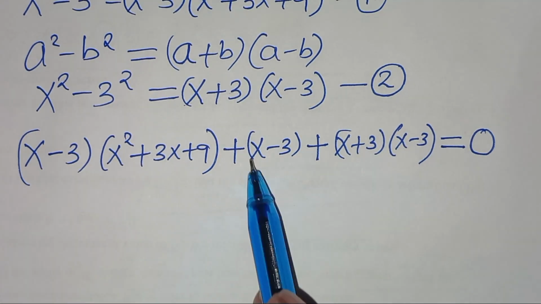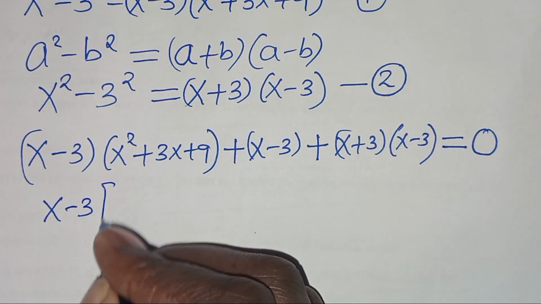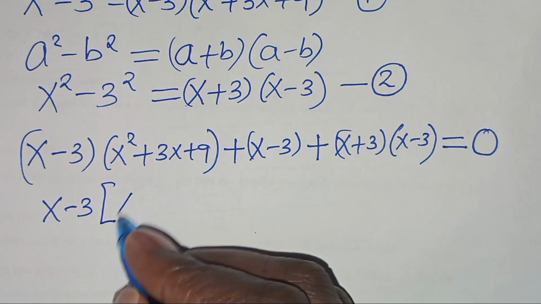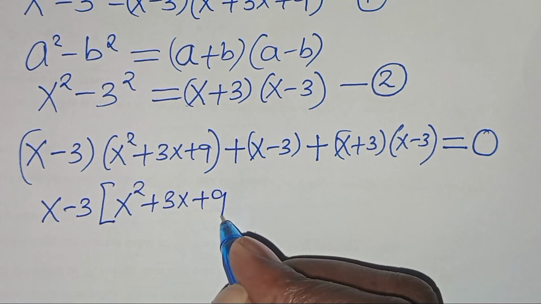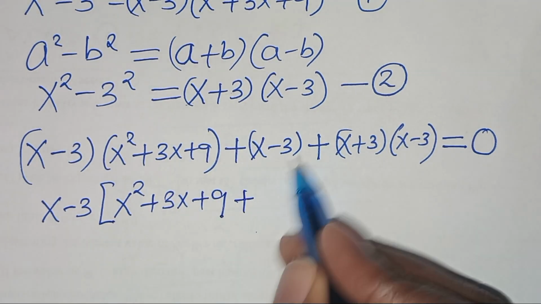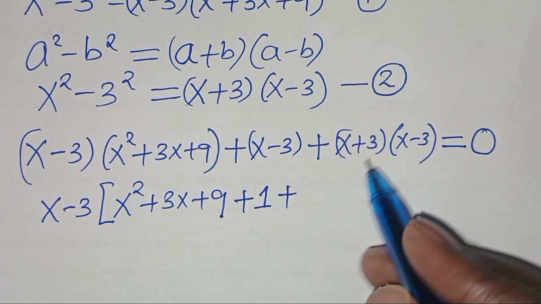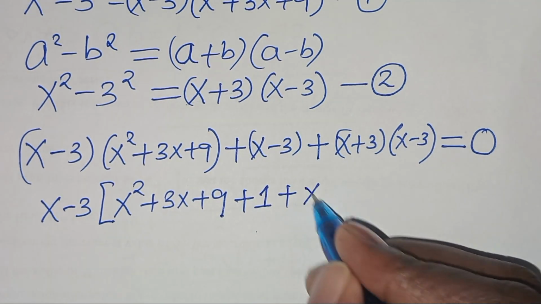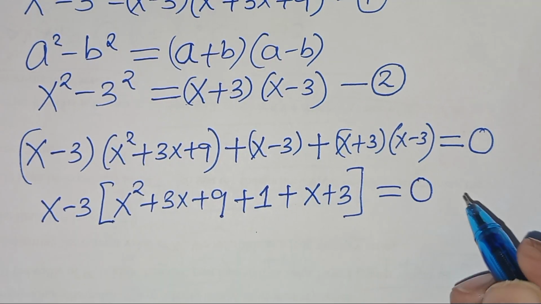So x minus 3 is common here. So let's factor out x minus 3. So that now we'll have x squared plus 3x plus 9. Then plus x minus 3. This is the same thing as here 1. Then plus x plus 3. X plus 3, close the bracket. This is equal to 0.